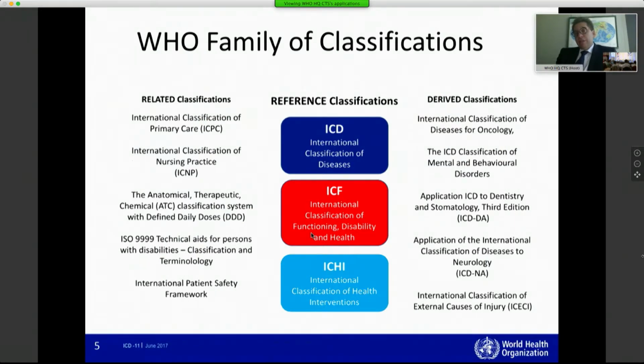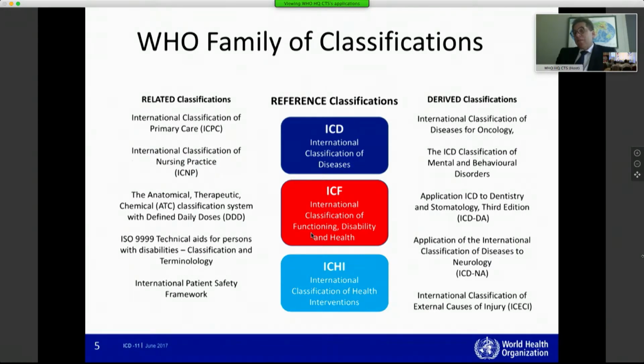This may be influenced by pain, or by other aspects. Then we have the ICHI, the classification of health interventions. That one is also linked into the ICD and related to the ICF to have matching interventions for these aspects. So we have a whole framework of information standards that fit together.